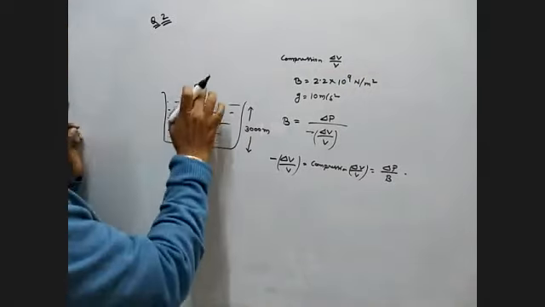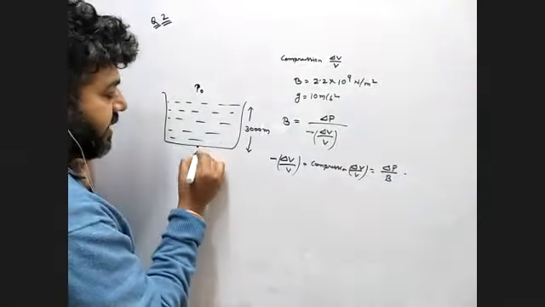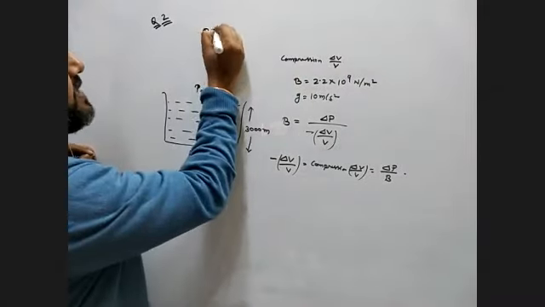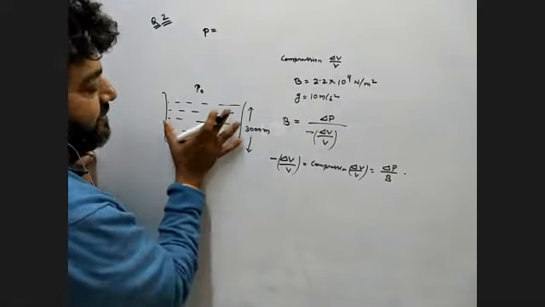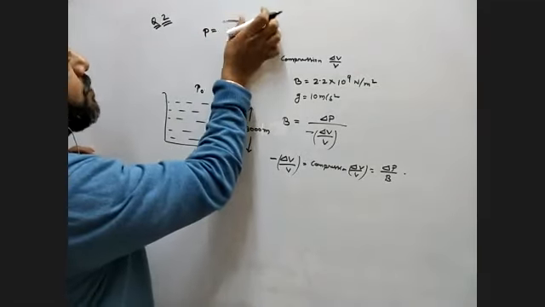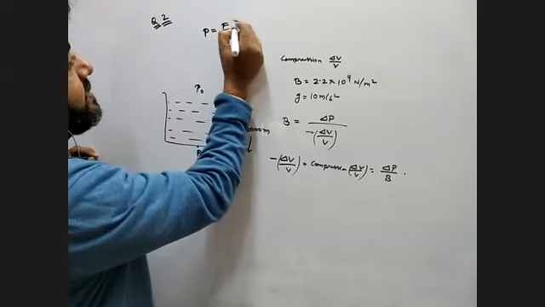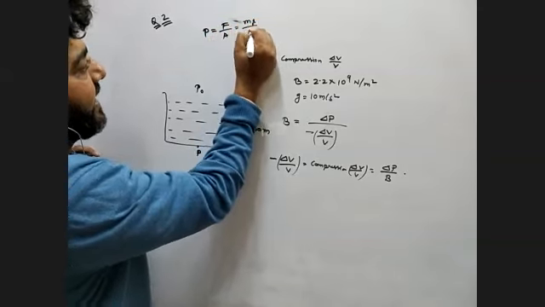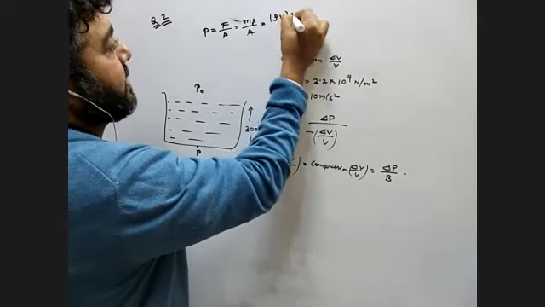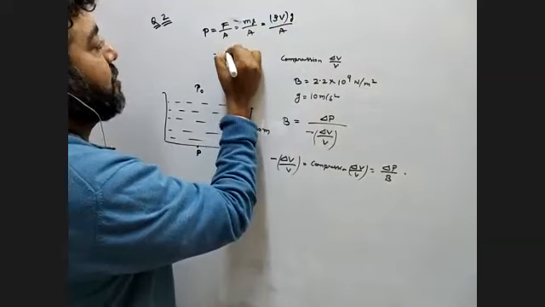Let P naught be the atmospheric pressure and P the pressure at the bottom. How do you measure the pressure when a liquid is given? We know pressure is force by area, and force is mg by area. What do you mean by mass? Density into volume, into gravity, by area. What do you mean by volume?